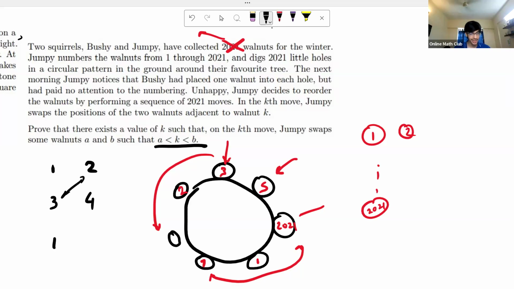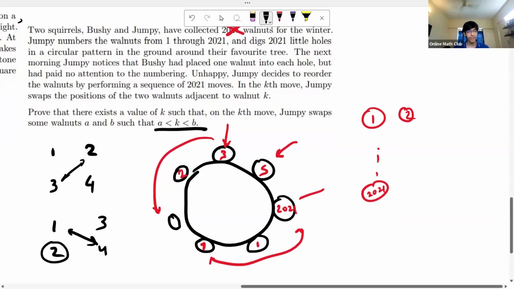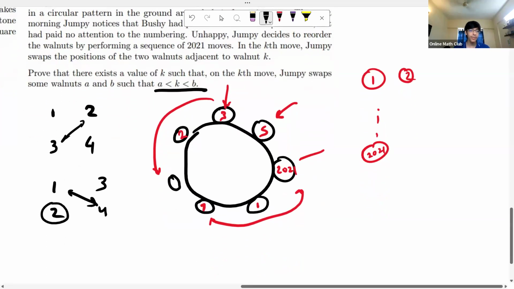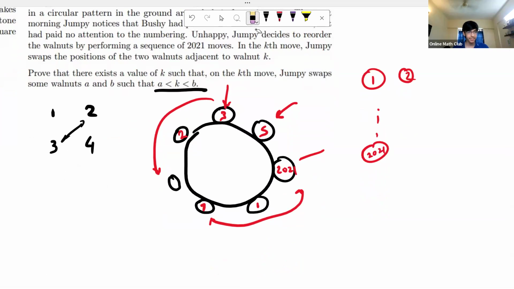Now your new situation is 1, 3, 2, 4. Now 2 is your start point, so you flip 1 and 4. Oh wait, no. Now you've already got 1 less than 2 less than 4. So that's very nice. Actually, I was trying to look at something else. Let's try something else. What about 1, 2, 3, 4?